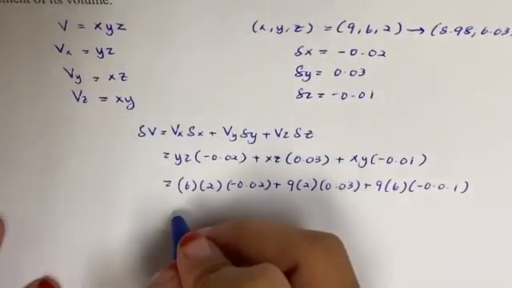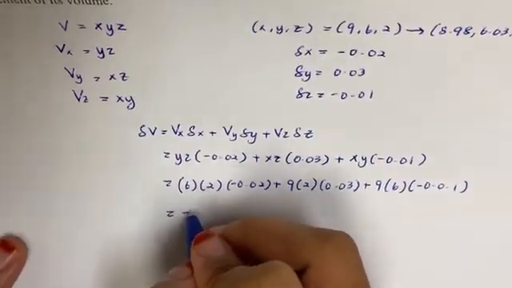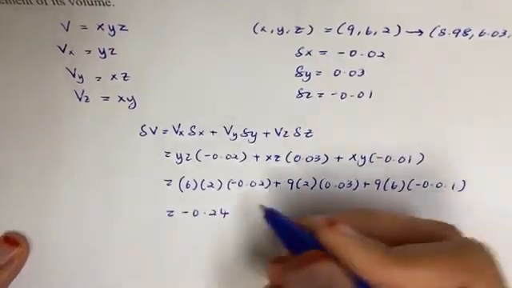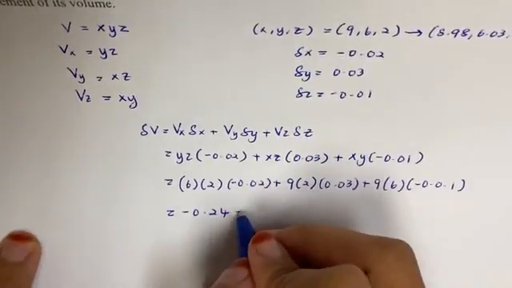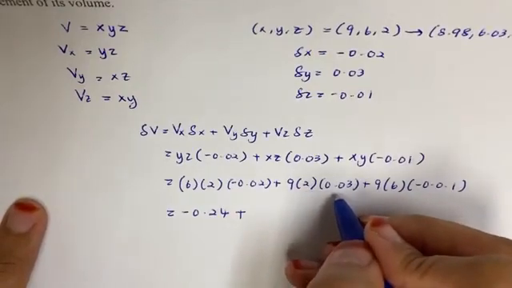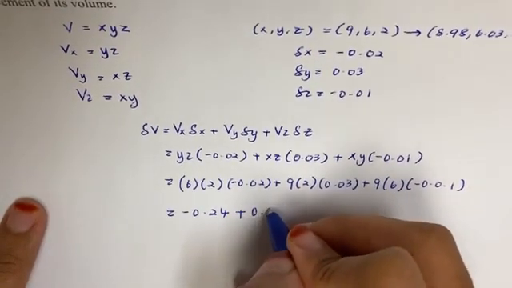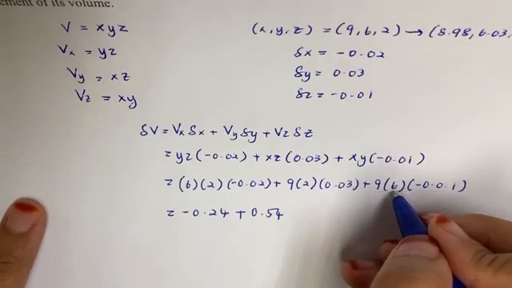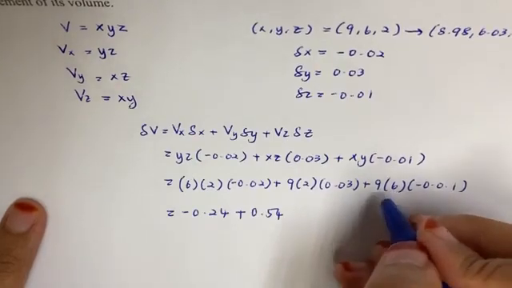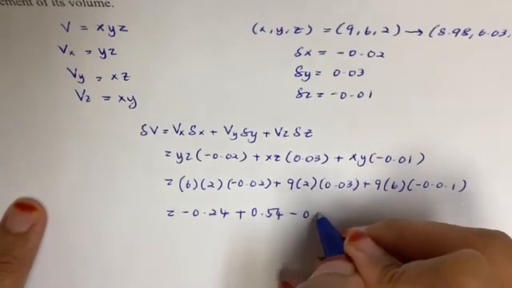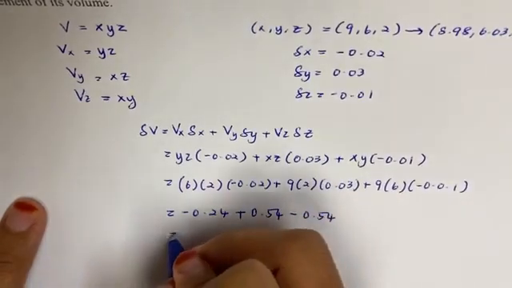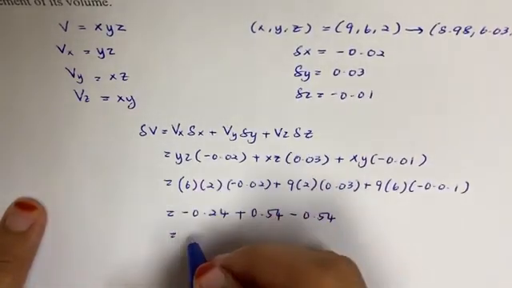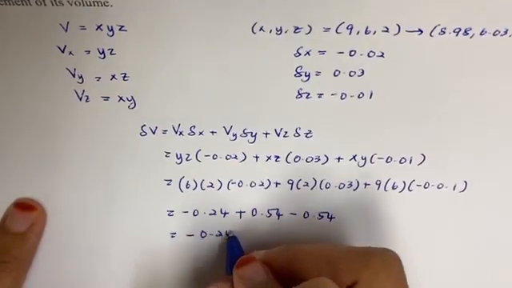So you have minus 0.24 plus 18 multiplied by 0.03, 0.54, and minus 0.54. So cancel this out, so you have minus 0.24.